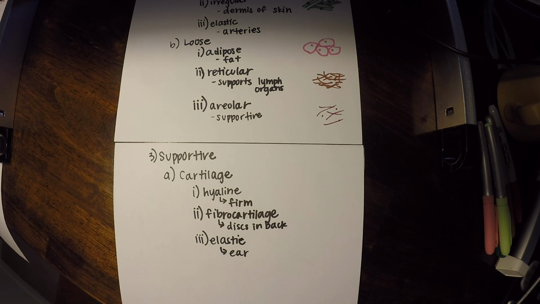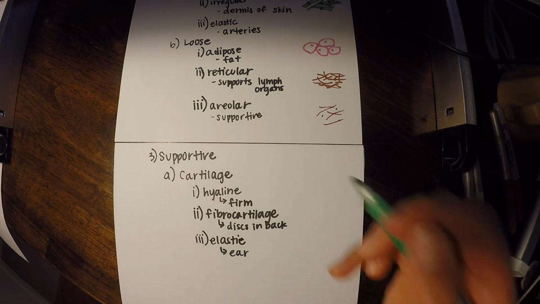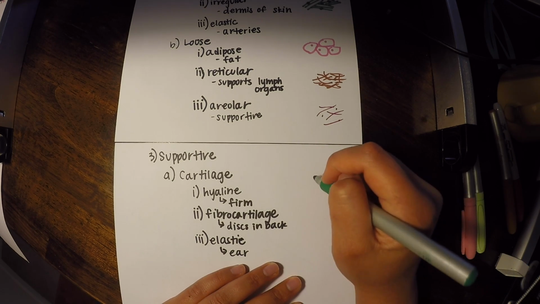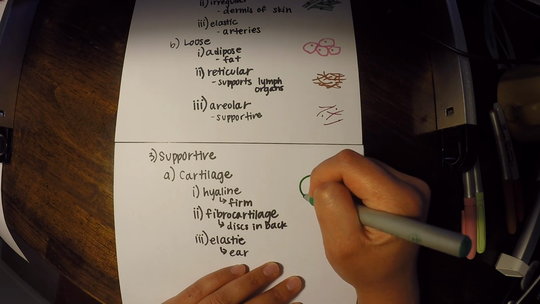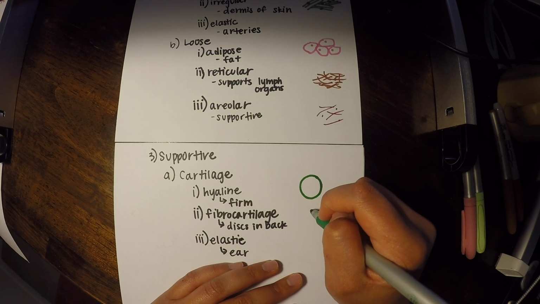So similarly to what we did with a neuron, I just want to draw some cartilage cells out. So let's do that. Alrighty, so let's draw a little circle. And that is going to be our chondrocyte.